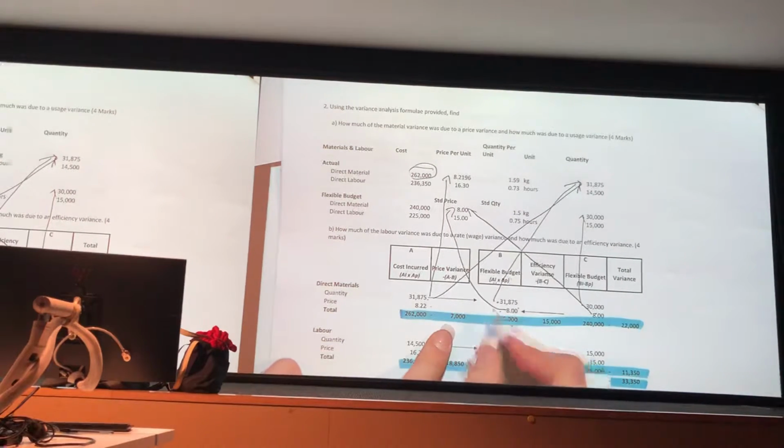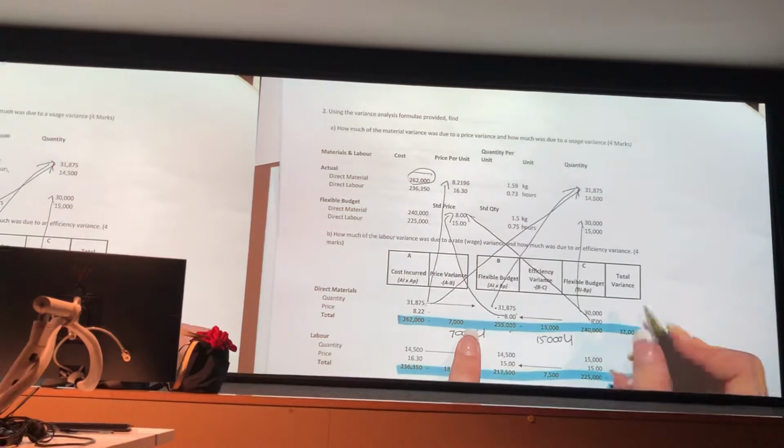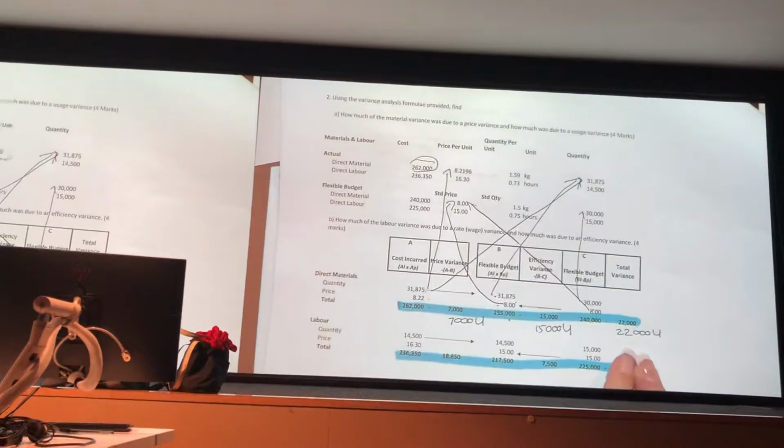In the test, you would represent that as 7,000 unfavorable. And similarly here, you go 240 minus the 255. It gives you minus 15, and the test is 15,000 unfavorable. These two added up will give you your total of 22,000 unfavorable.